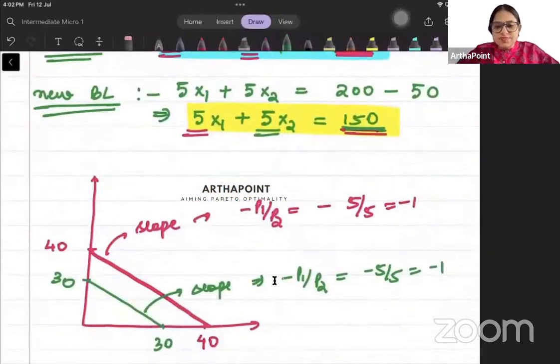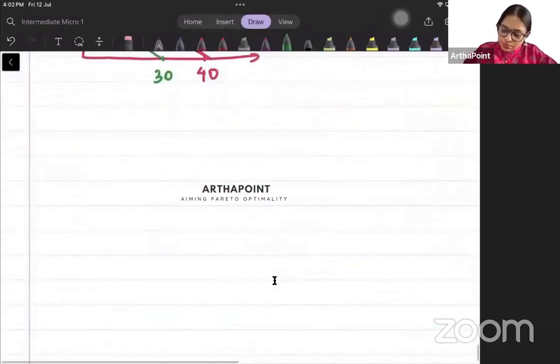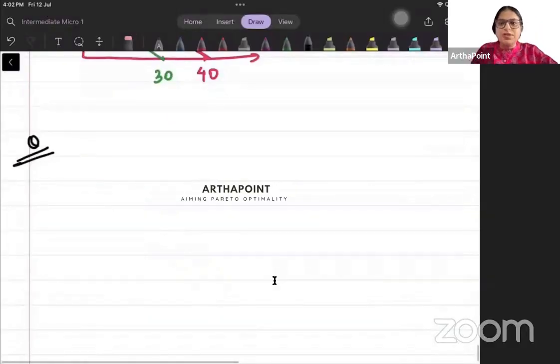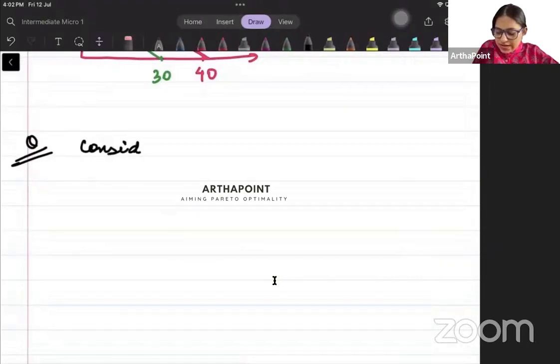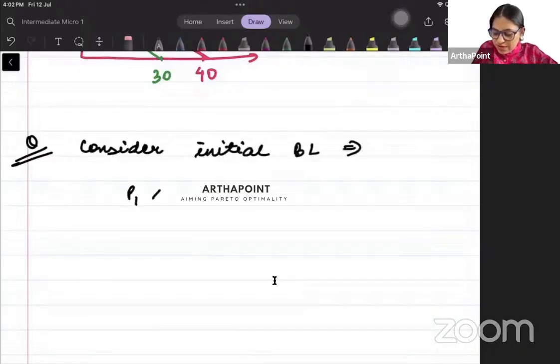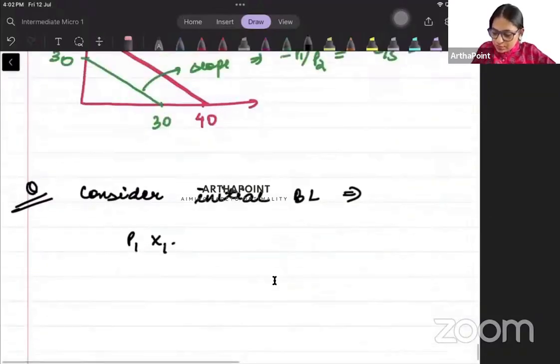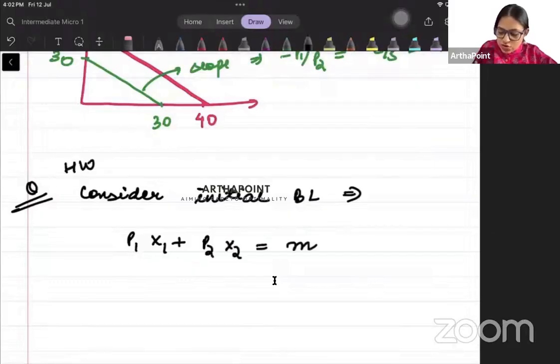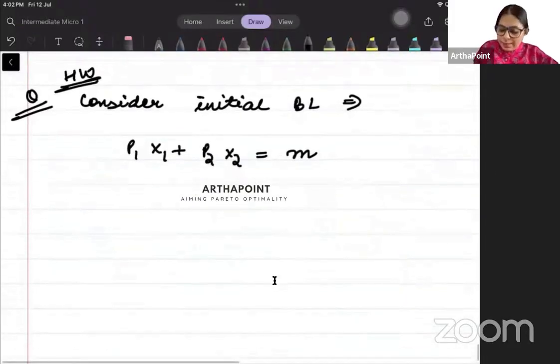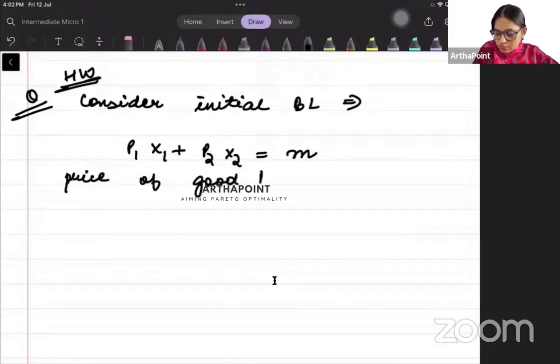Now I am giving you some questions. You need to go ahead and do them as homework. Homework question, beta. Consider that there is an initial budget line given to you as P1 x1 plus P2 x2 is equal to the income of the consumer. The price of good one doubles.